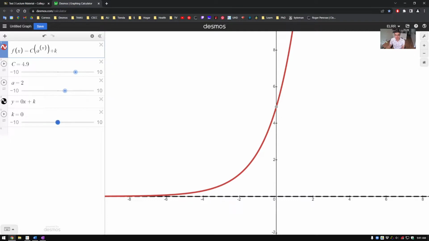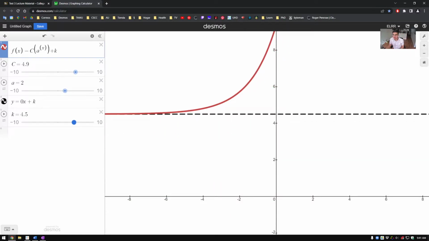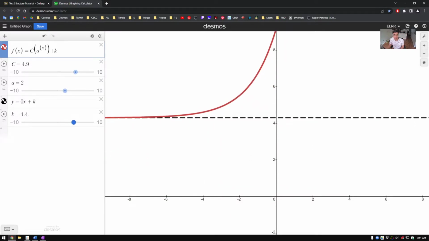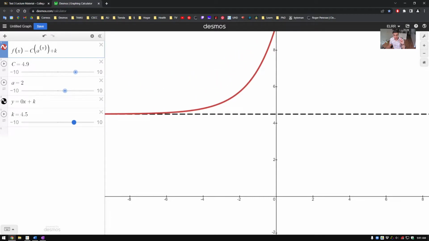And let's see the effect not only on the graph but also on the asymptote. Let's increase the value of k. Let's put k equal to something that is positive. So see how the asymptote moves as well as the graph. Okay, so vertical shifts are important because they move the graph, but they also move the asymptote.